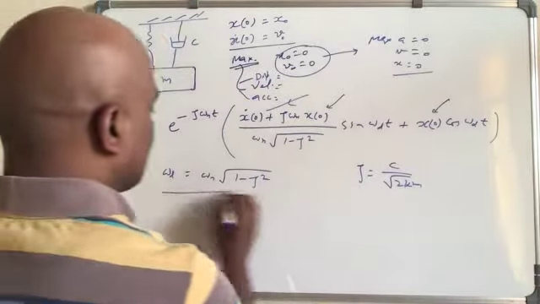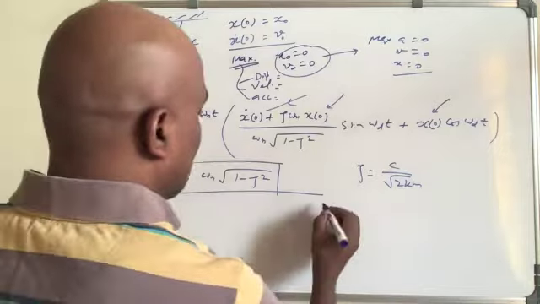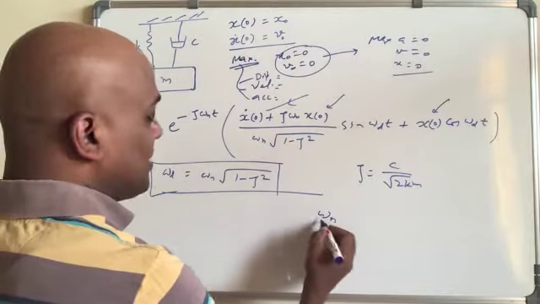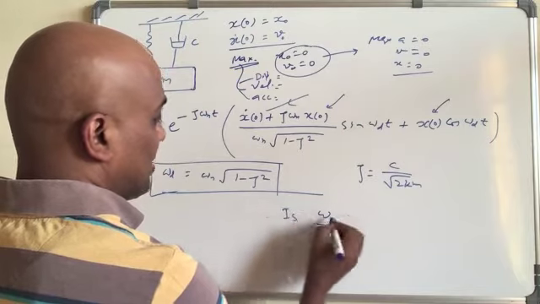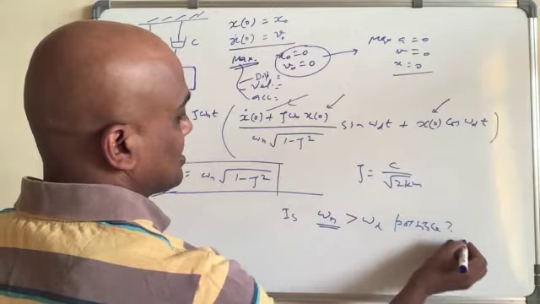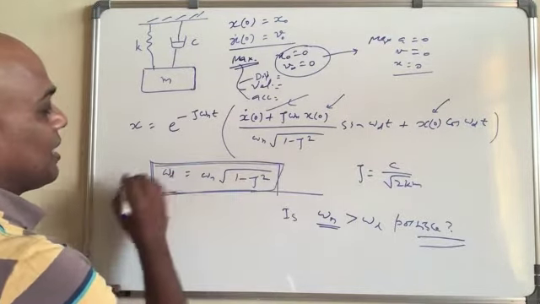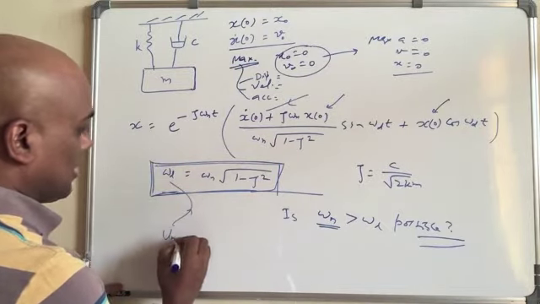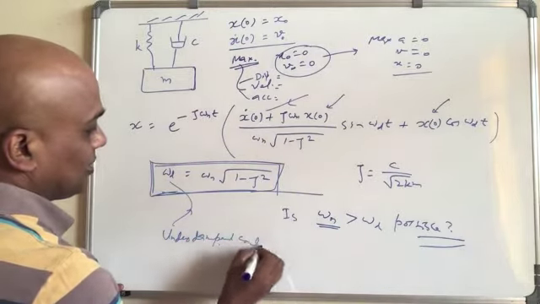One question was, I was asking whether omega n can be bigger than omega d. So is omega n bigger than omega d possible? That I asked. Looking at this equation, omega d first of all appears only in the underdamped condition.